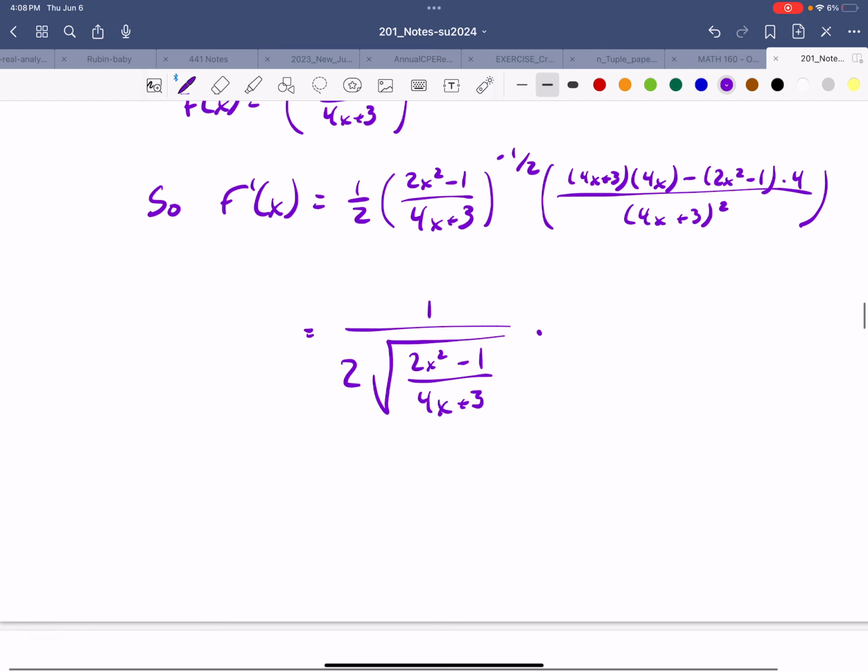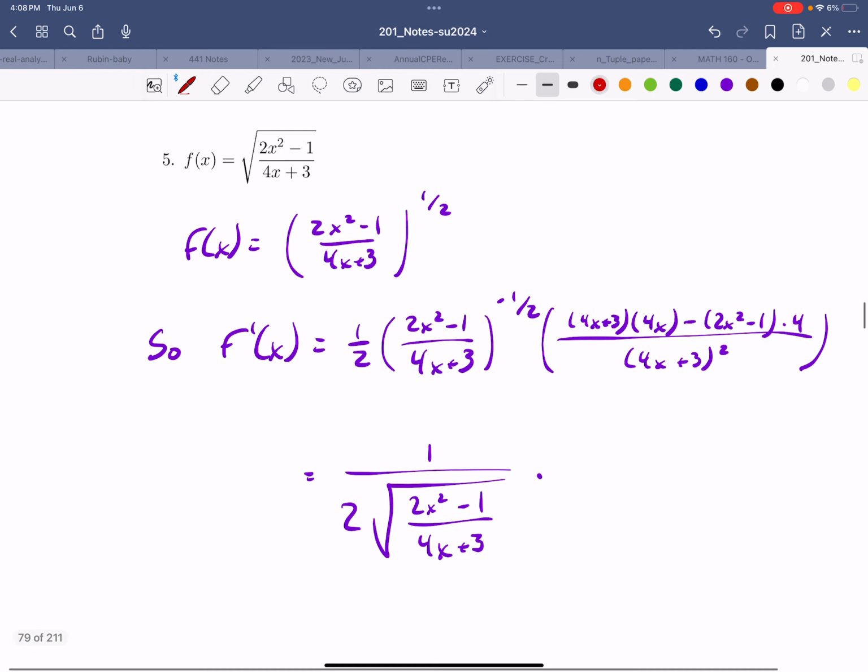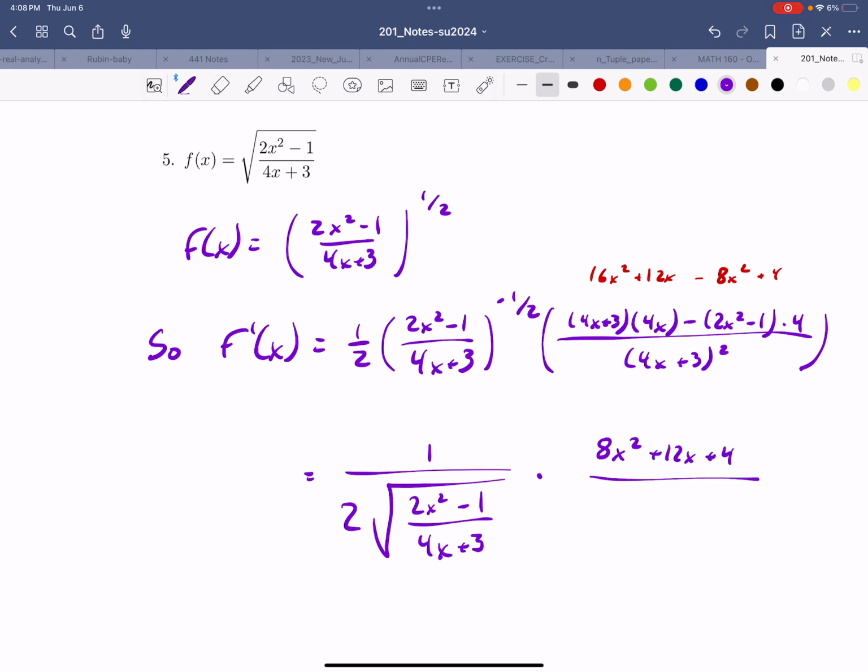And we're going to get, well, let's see. This up here is going to be 16x squared plus 12x minus 8x squared plus 4. So I guess that's going to give us 8x squared plus 12x plus 4 all over 4x plus 3 quantity squared.